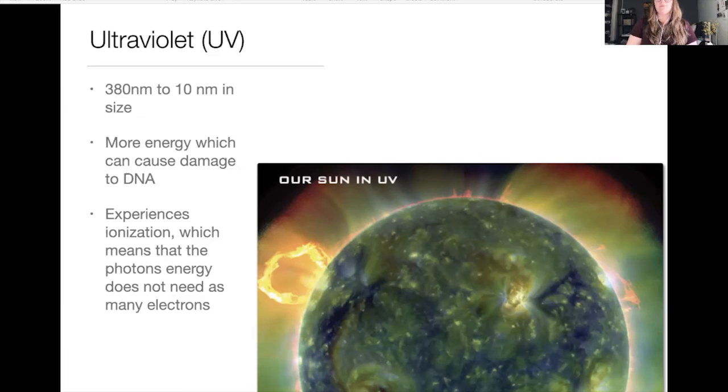That's why when we go outside, you should always be wearing sunscreen. Sunscreen will protect your skin from being damaged by UV light, because it can damage DNA, the genetic code that makes up all of our bodies, everything around us.